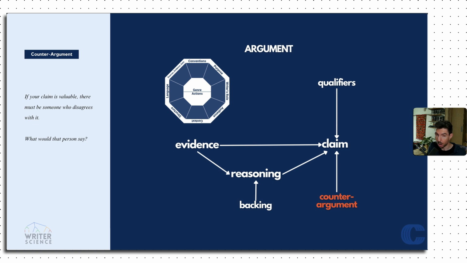So to strengthen your claim, you should think a little bit about what that person would probably say. Think about what they would say and then respond to them. You would say something like, so although many people say that it is improper to use personal pronouns in academic writing, what those people fail to understand is that personal pronouns are a good tool for writers to use whenever they want to establish a relationship with the reader, something like that.